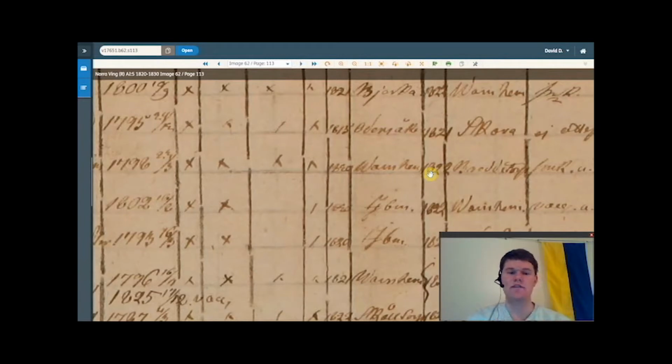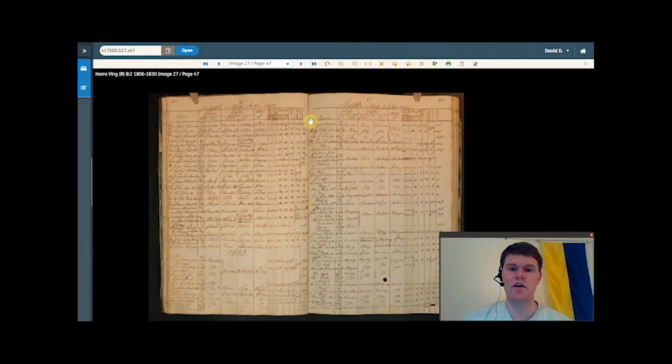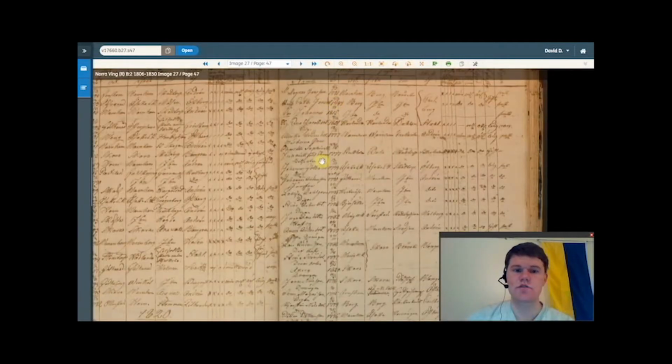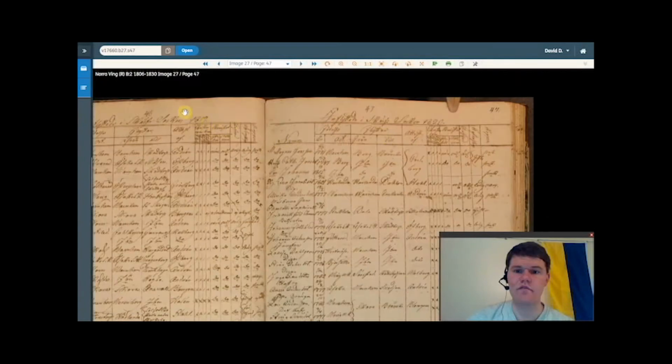Instead of taking the time to go through it like I did previously, I'm just going to jump right to it. And here's the image right here. This is the moving in record for that particular parish, covering the year 1820. We have 1819 right here, and 1820 right here.